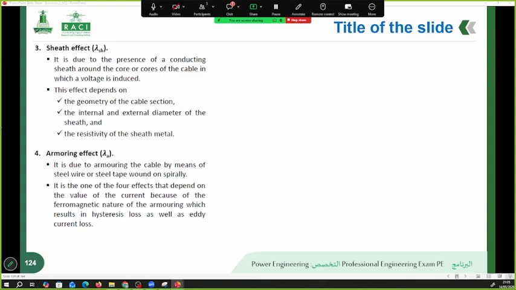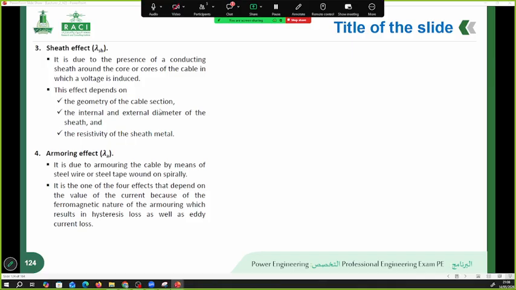Okay. Item 3 explains the sheath effect, denoted by lambda SH, as another contributor to the increase in the effective resistance of the power cable under AC operation. This effect arises due to the presence of conducting metallic shields surrounding the cable core or cores.